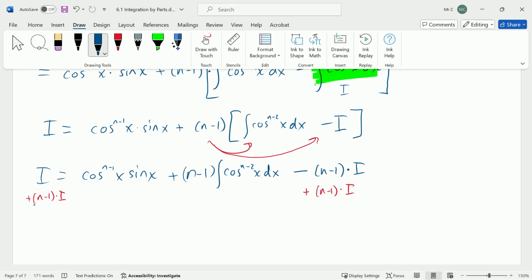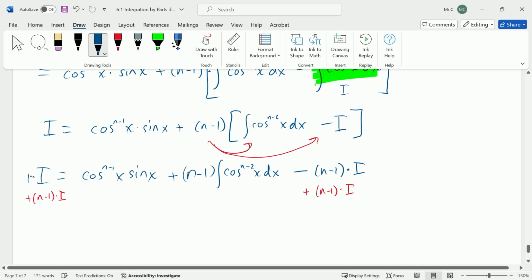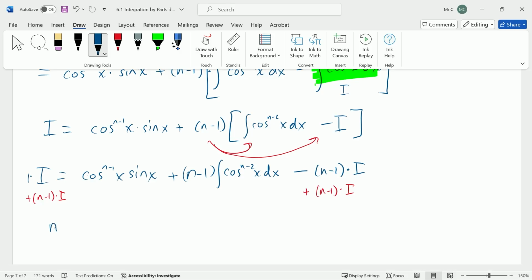And if I have n minus 1 times I plus 1 times I, that's nI. So I get n times I is cosine to the n minus 1 power of x sine of x plus n minus 1 times the integral of cosine to the n minus 2 power of x dx.